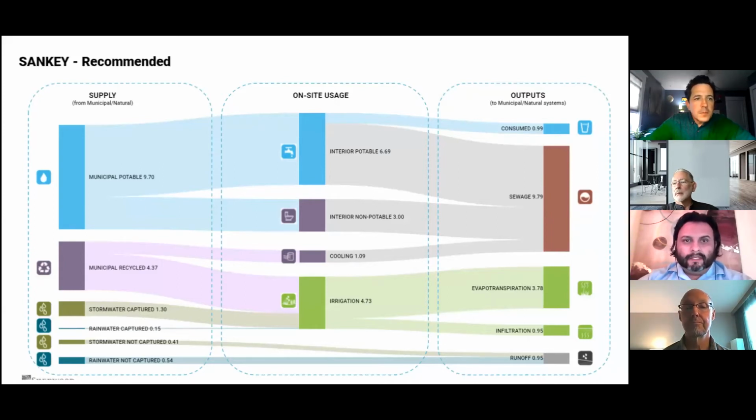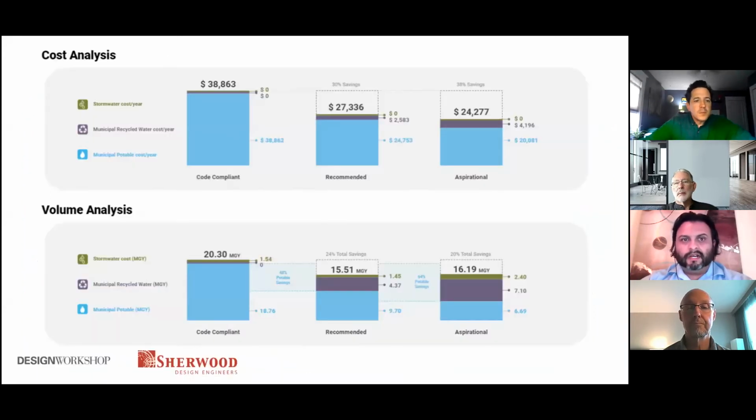As we dive into these pathways, then we start to talk about the decision making, how these translate into cost. For one of our projects, we dove into what it means for water in terms of just complying with the code. And on this specific project, it was somewhere around $38,000 of the cost.